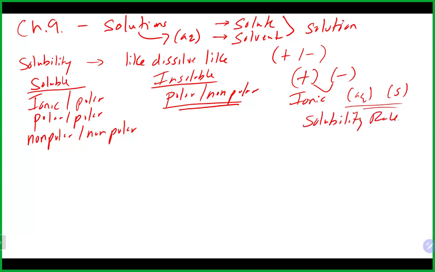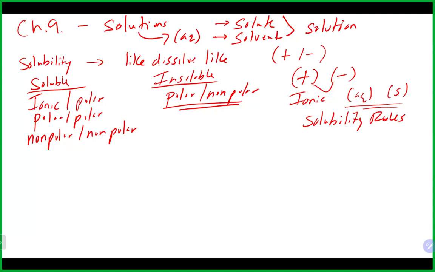Remember that we could use solubility rules to help us decide, when we put two ions together to make an ionic compound, whether we would expect it to be a solid, which essentially means it will fall out of solution. It's not going to be floating around. Or if it's soluble, that means they're going to mix and not really stay together, and all the ions are just going to be floating around in the solution.